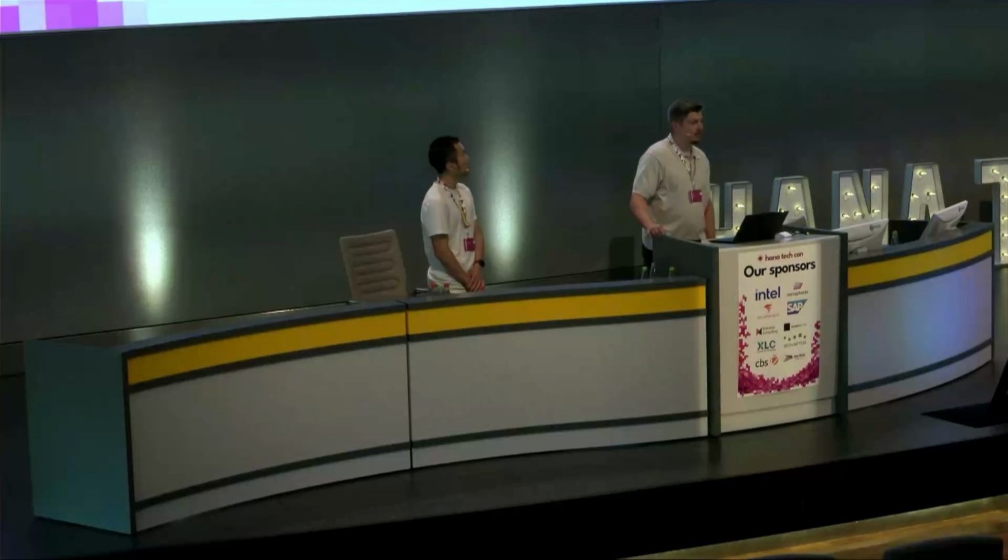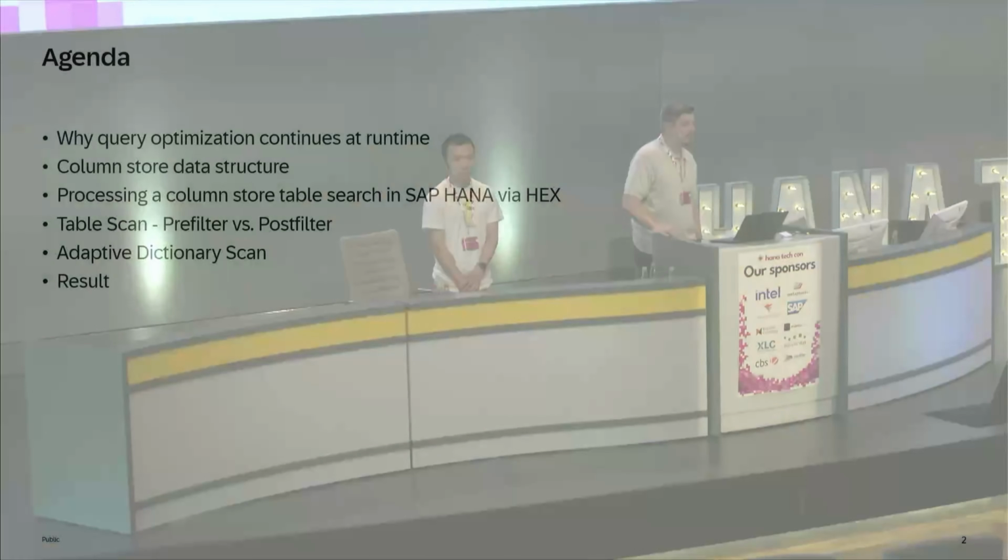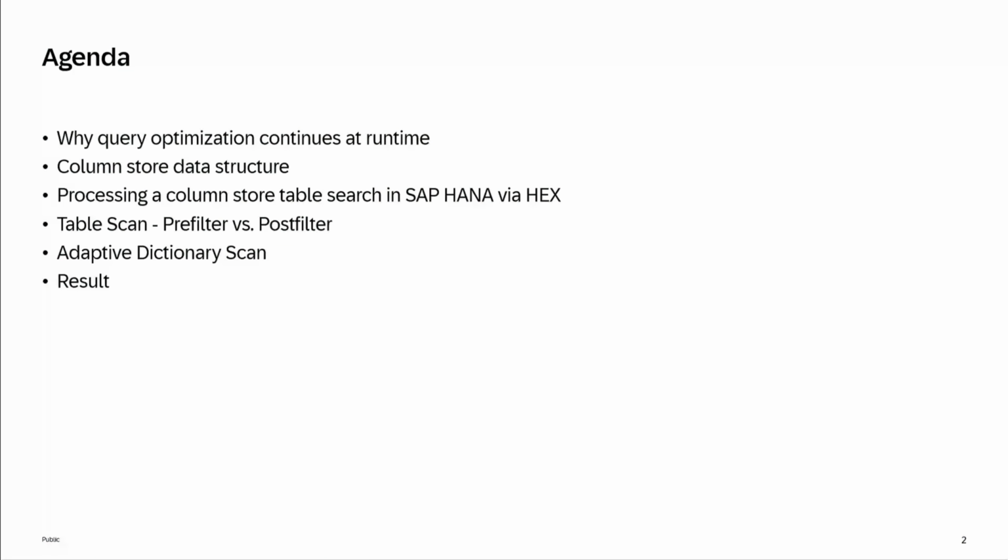Today we'd like to talk to you about a new feature, the adaptive dictionary scan, which makes our column store table search queries faster. First of all, I would like to explain why query optimization cannot stop at compile time and needs to continue at runtime.